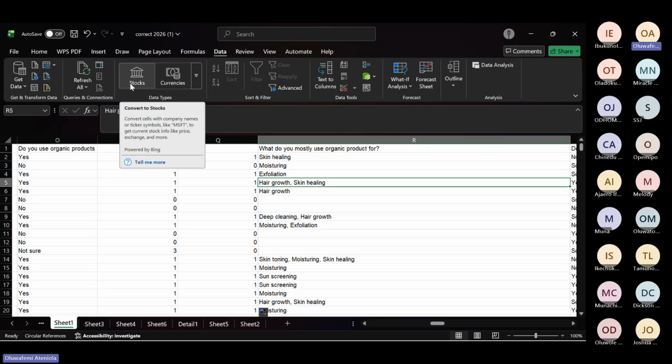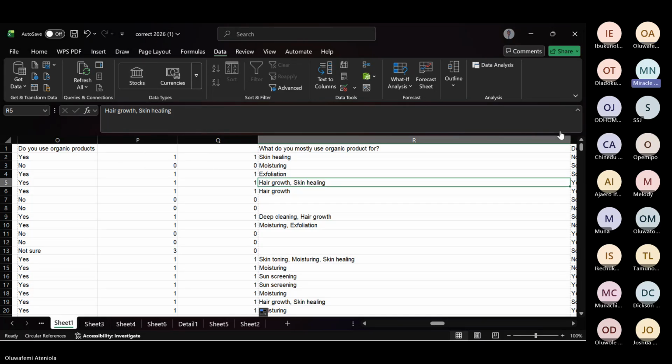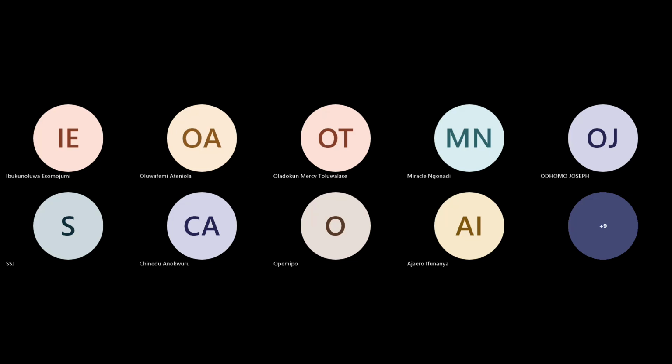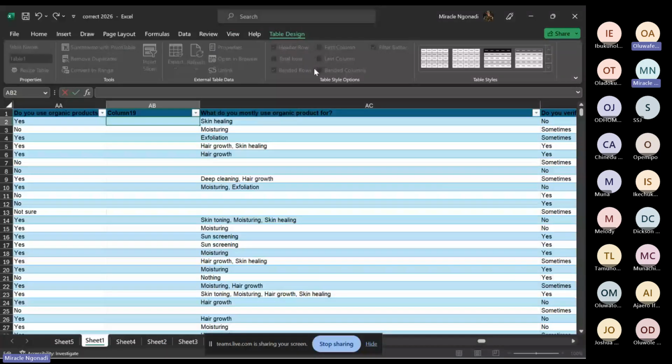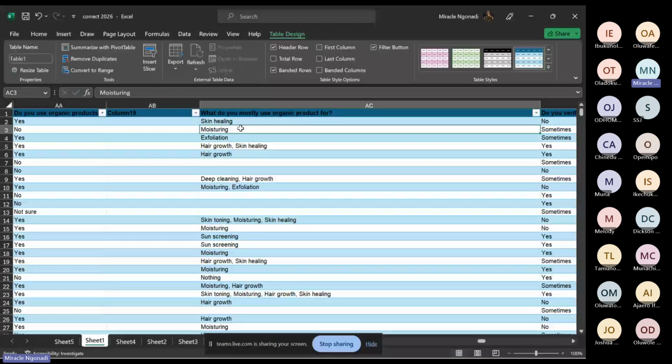Let me know when you share. I'm sharing now. Okay, hold on. Good. So Table Design is meant to show. It is because you are currently typing. Click anywhere inside the cell, please. Don't click twice, just click anywhere. Click any cell. Good. Can you see Convert to Range?